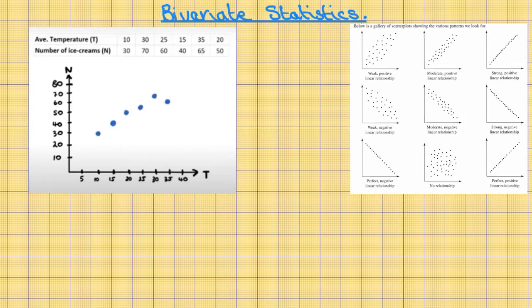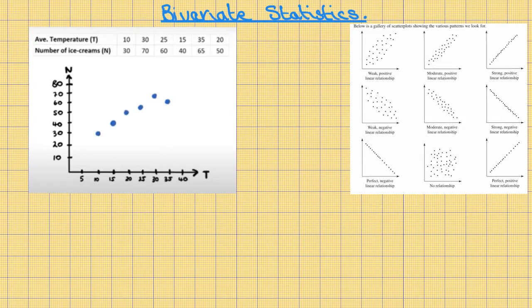We would expect there to be some relationship between the temperature and the number of ice creams sold. We would expect not very many ice creams to be sold on cooler days. You're more likely to go and buy a cup of tea or a cup of coffee on a cool day, whereas on a hot day, we would expect more ice creams to be sold.